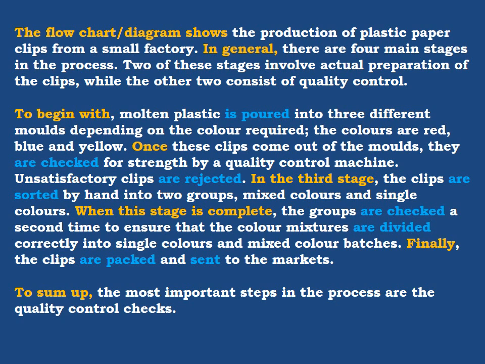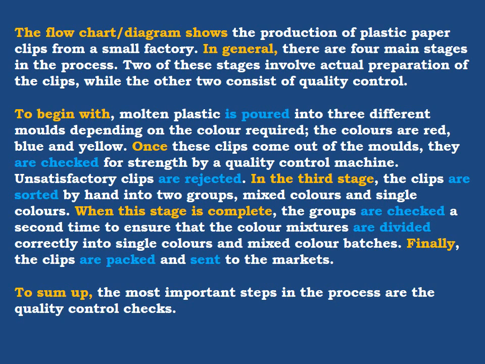In the 3rd stage, this is another phrase, the clips are sorted. You remember this step? They are sorted by hand into 2 groups, mixed colors, you remember, to the left, and single colors to the right. When this stage is complete, you see, we use different phrases. Instead of keeping saying first, next, second, third, etc., we can use different phrases to show the sequence of steps.